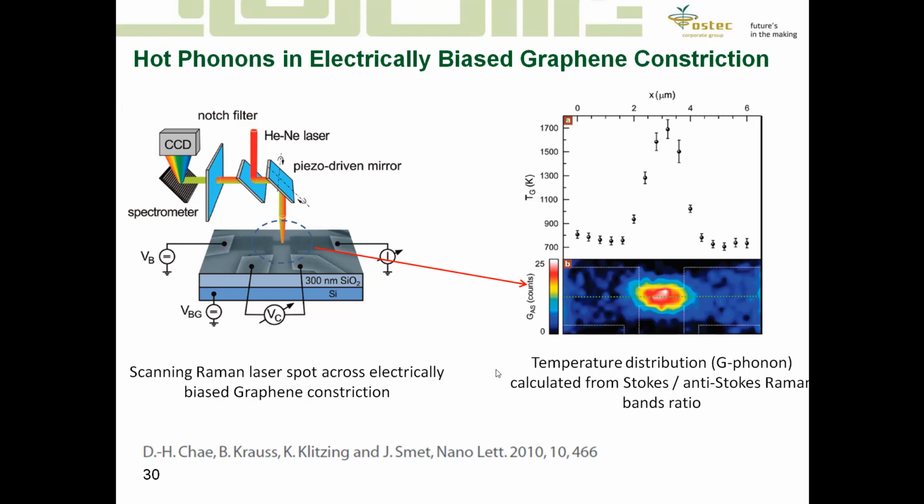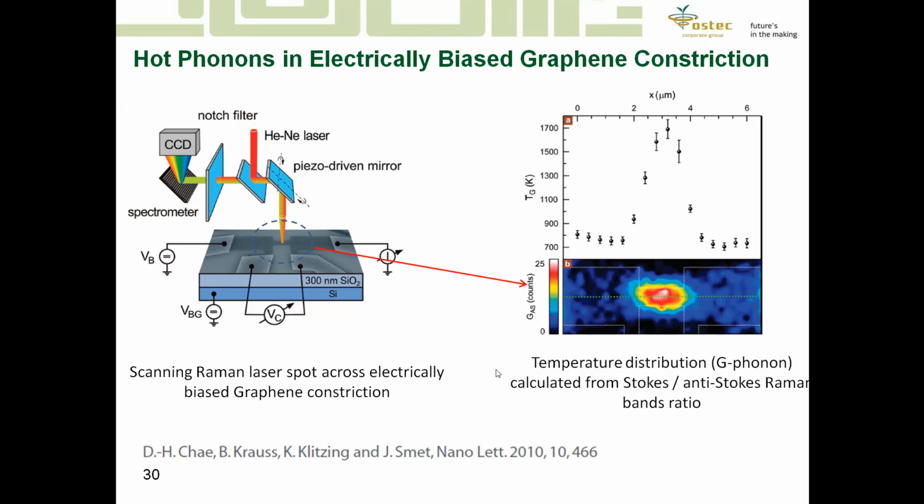So if we collect Raman spectra for both Stokes and anti-Stokes, we can find the ratio of these peaks, and from the ratio it is possible to calculate the temperature of the sample.